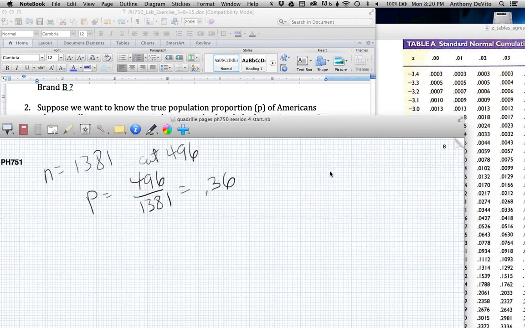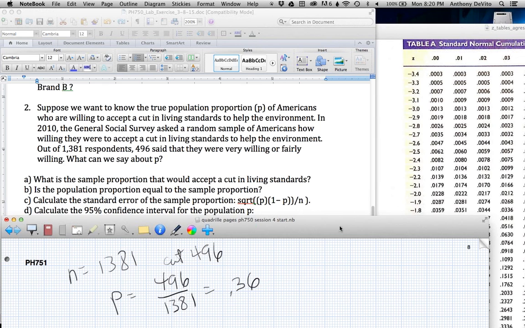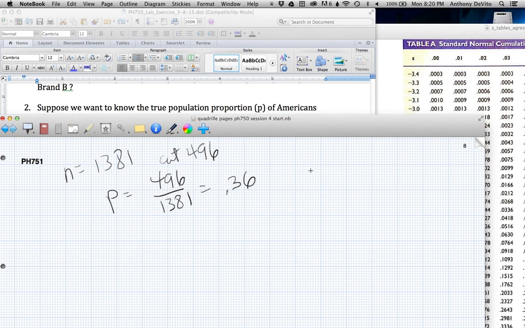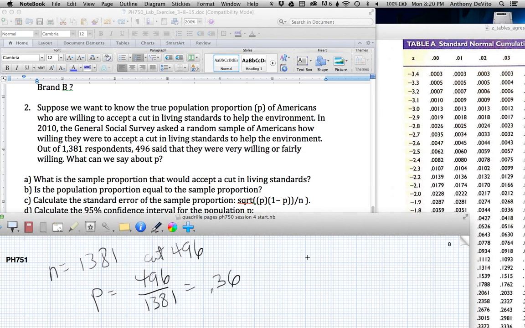So now, you guys remember how we calculated the standard error, or standard deviation, for proportions? We took the square root of n times p times q. You remember the binomial distribution?